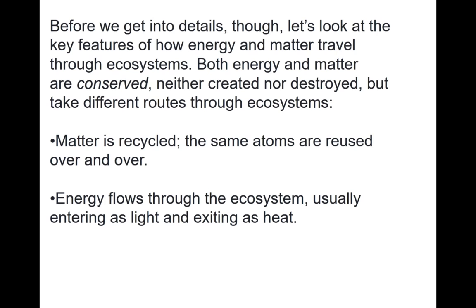Before we get into the details, though, let's look at the key features of how energy and matter travel through the ecosystem. Both energy and matter are conserved, meaning they're neither created nor destroyed. So energy and matter are neither created nor destroyed, but take different routes through the ecosystem. Matter is recycled, so that means it goes through a system that constantly recycles.